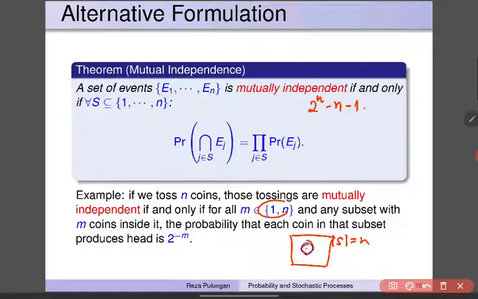Take any part of this, let's say that this is A. The cardinality of A is equal to m. So the probability that all coins inside of this A produce head at the same time, this simply means 1/2 multiplied by 1/2 and so forth multiplied by 1/2. There are m coins of them, so this is just equal to 1/2 to the power of m, 2 to the power of minus m.